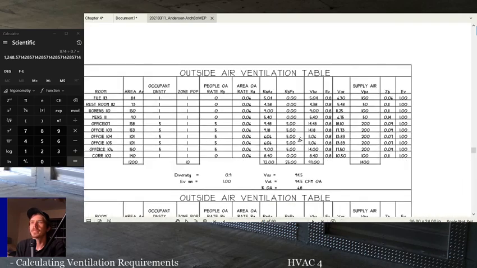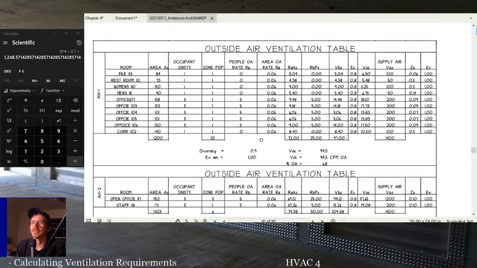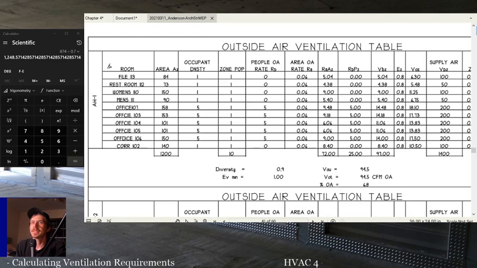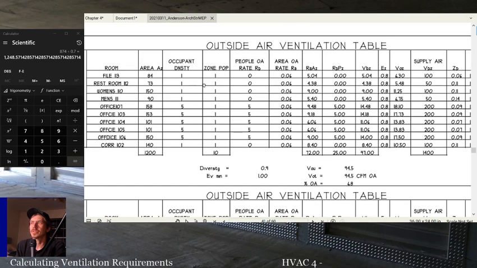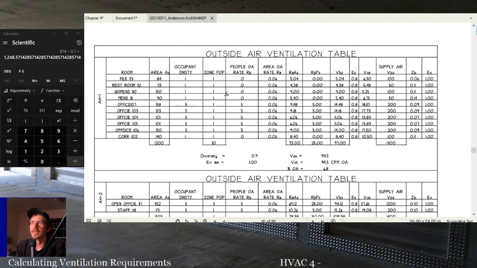If you ever have to actually do this outside air ventilation rate, this is how the engineers laid it out. So this is for an actual building, an actual job, right? What they'll do is put the area there, the occupant density, so based on the area, how many people are in there. Since this area is only 84 square feet, a lot of times that's going to be 1. So you've seen that.